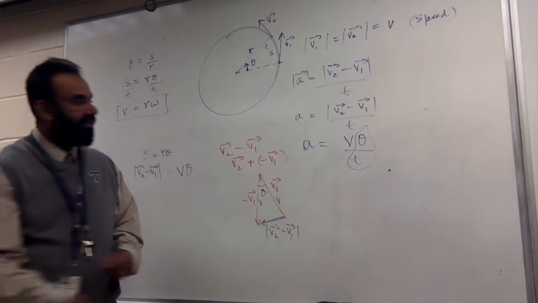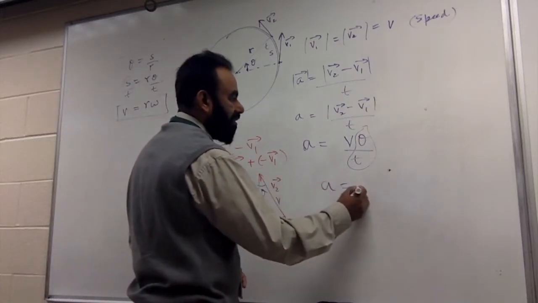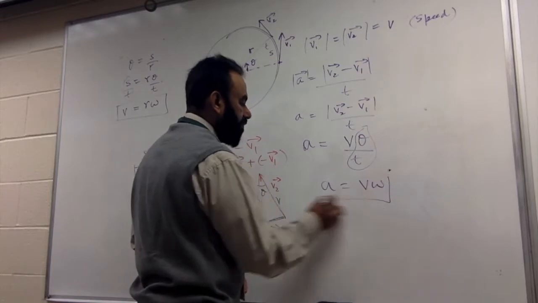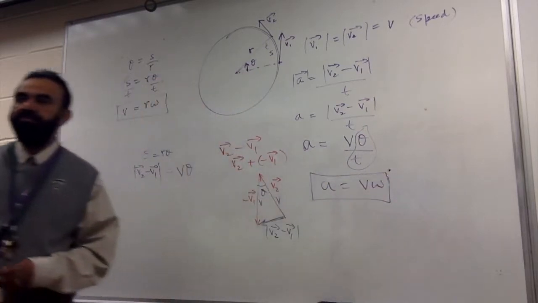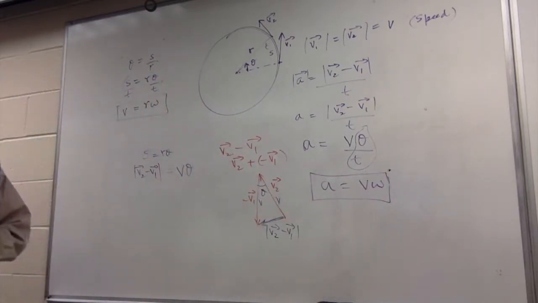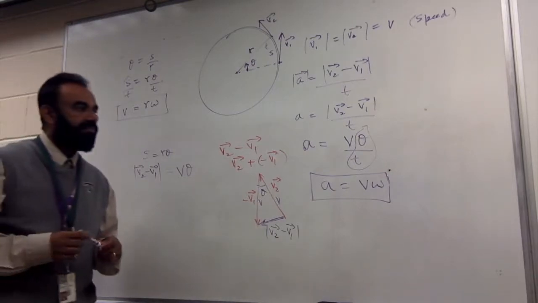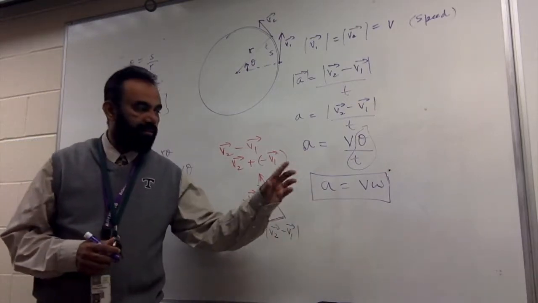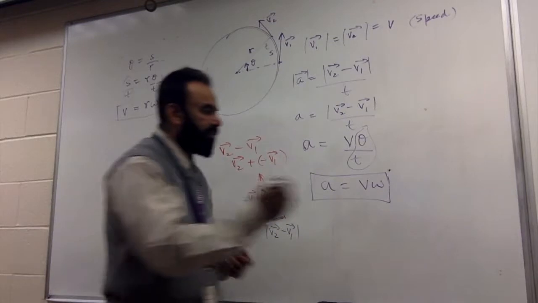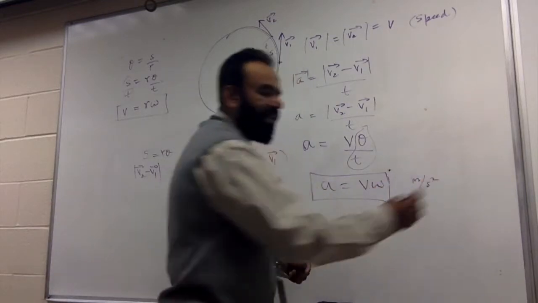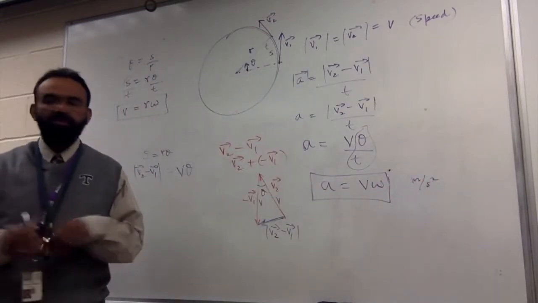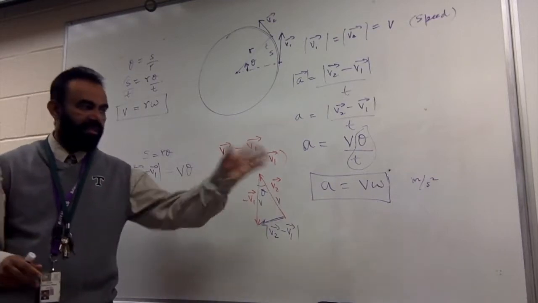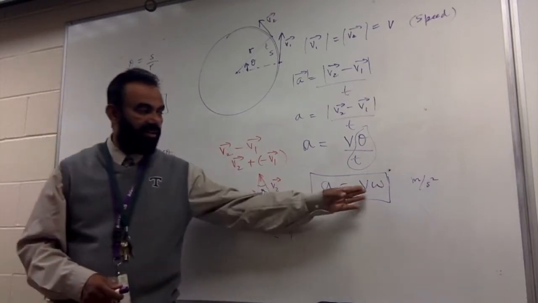Omega. So now we have an expression for acceleration as v omega. Now this acceleration magnitude is v omega. Of course, the unit is meters per second squared, just like any other acceleration. The unit of rate of change of velocity is meters per second squared. So this is an acceleration.